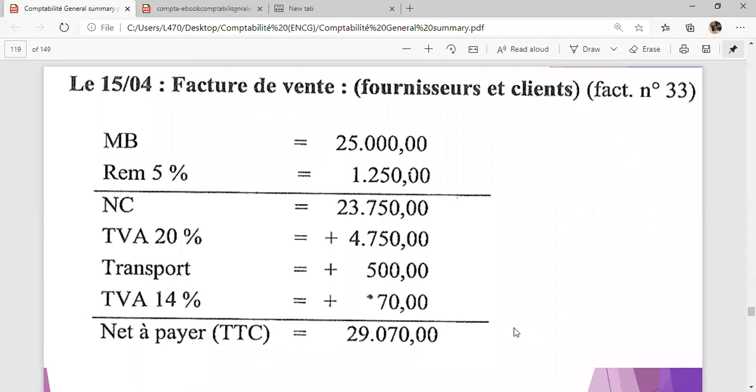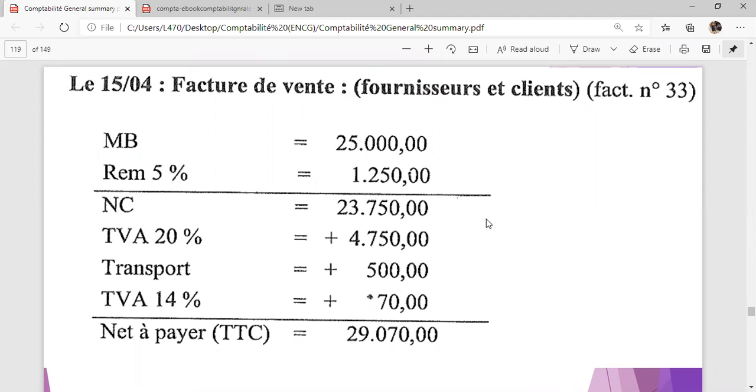With this facture, we were given transport at a rate of 14%, and we were given another TVA at a rate of 20%. So the difference comes in on how you calculate it.